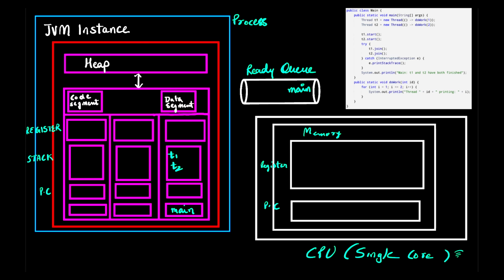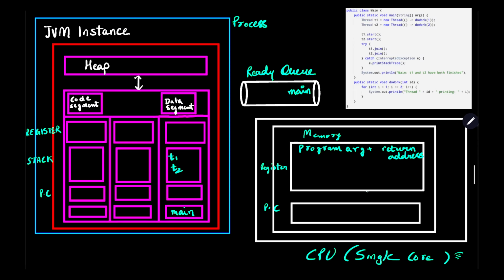The CPU registers will contain the program arguments plus the return address. And the program counter points to the first instruction of the main function.